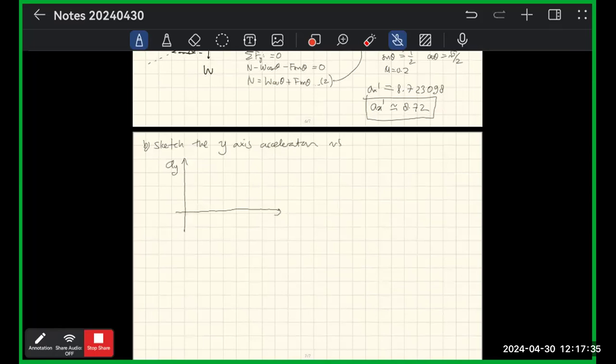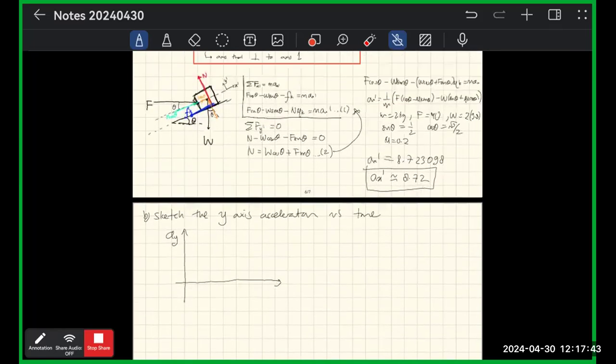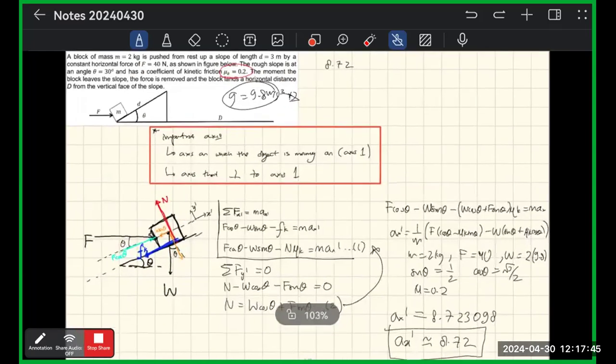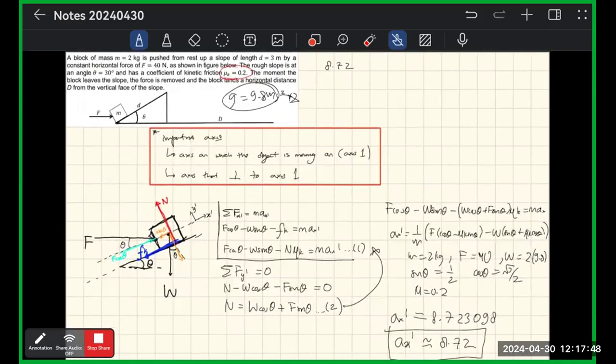For the time from this point to this point, from this position to this position, the acceleration is constant, which is ax prime here. But on the vertical direction, you have to project this with theta, which is ax prime sine theta, and it's positive, upwards throughout the motion here.